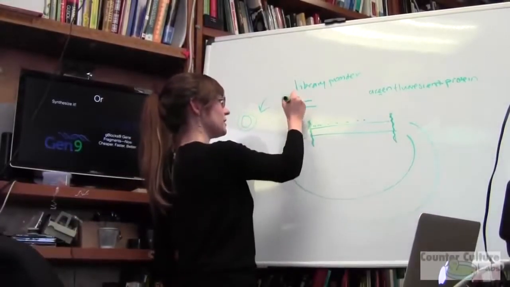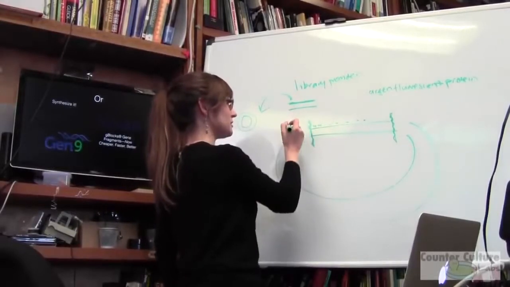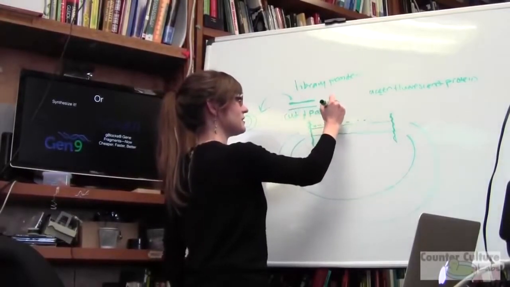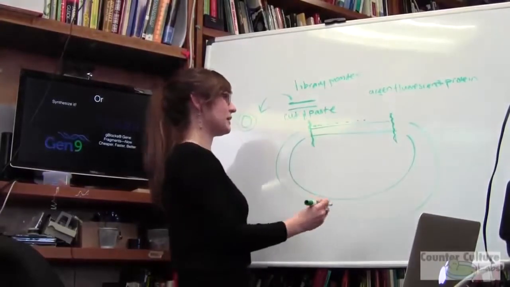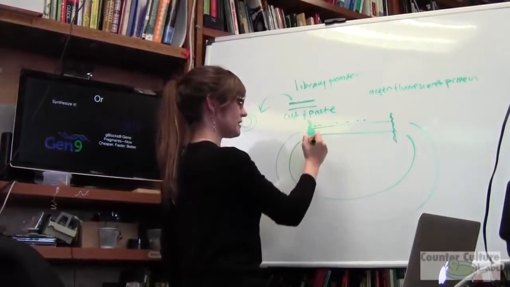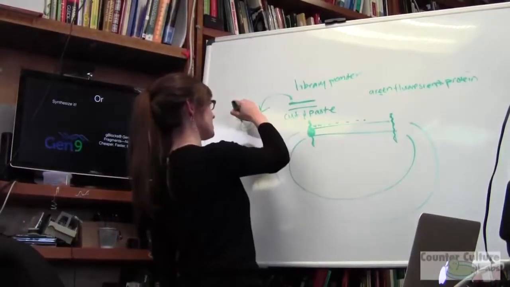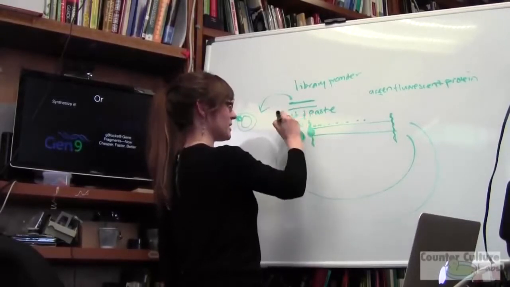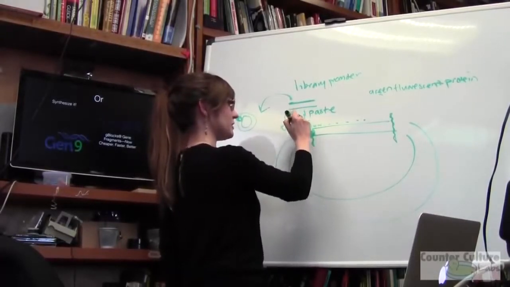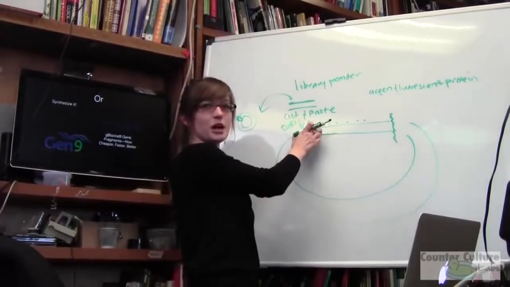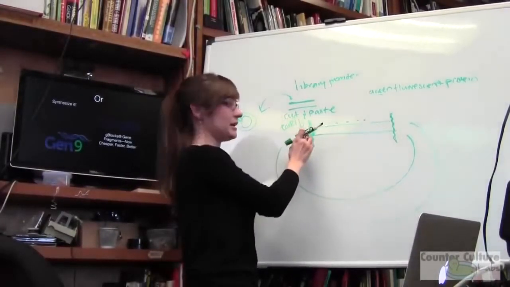So one way would be what one would just call cut and paste. Cutting and pasting meaning I have a restriction enzyme site here, and then I have the matching restriction enzyme site here, such that when I cut, maybe it's a restriction enzyme called EcoRI, these overhangs that are generated match up, and this piece can ligate in.